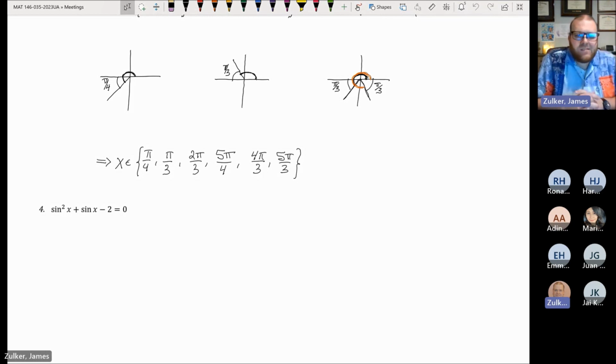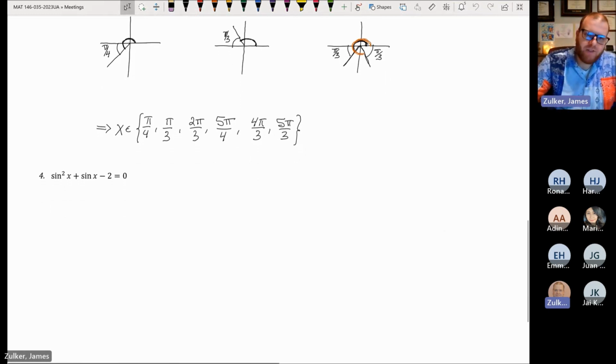All right, sine squared plus sine minus 2 is equal to 0. Well, let's do a change of variable.